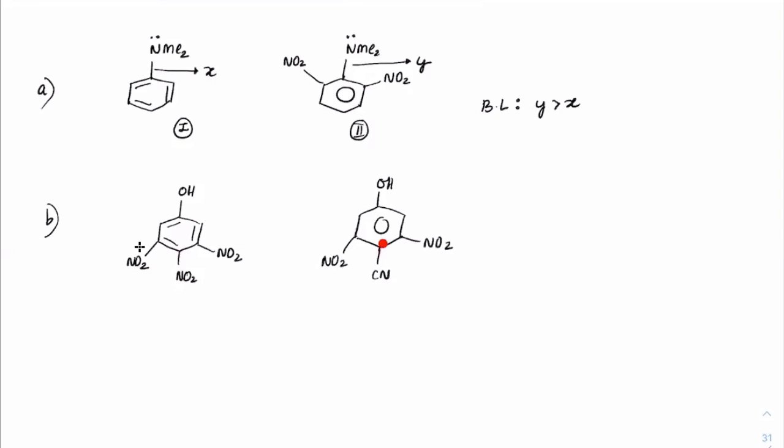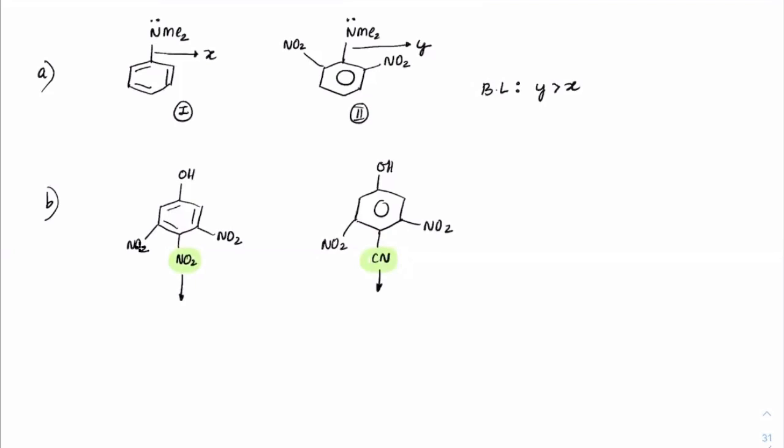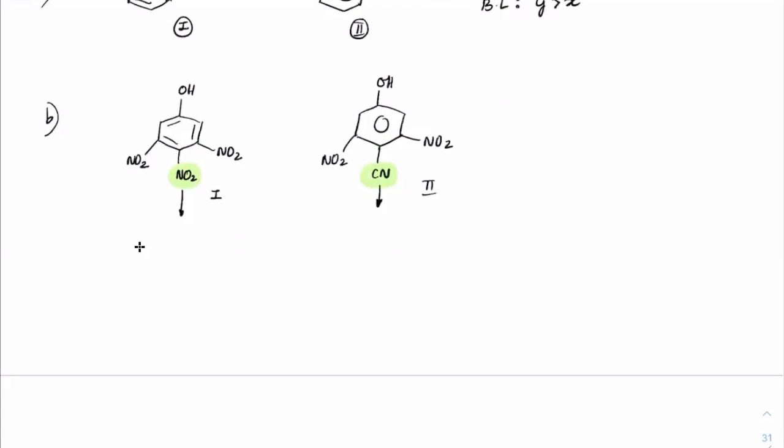Now, between these two, which one will be more withdrawing, correct? Here NO2 is there, here CN is there. If I compare NO2 and CN, which is the more electron withdrawing group?